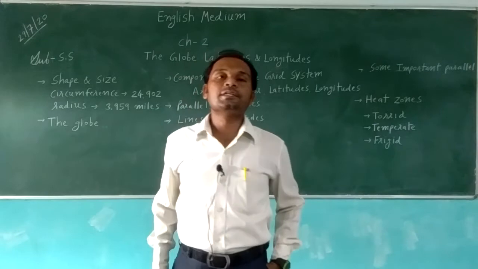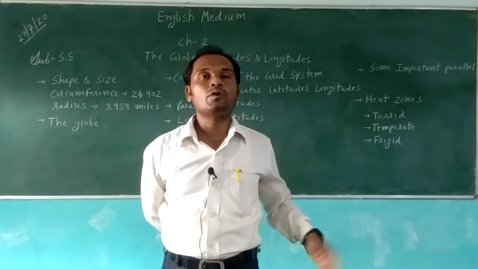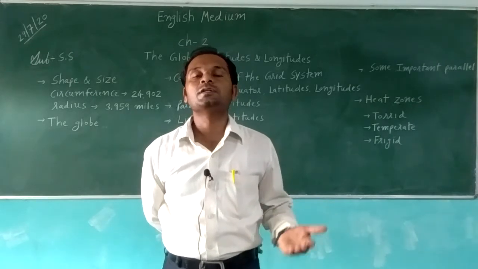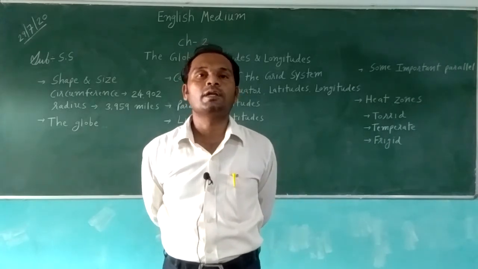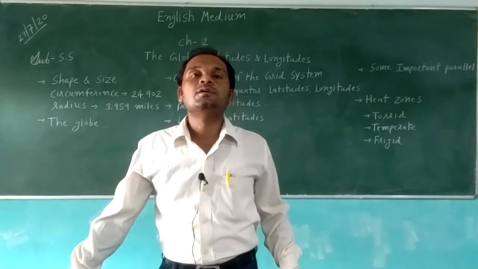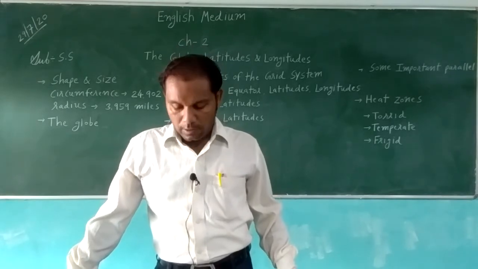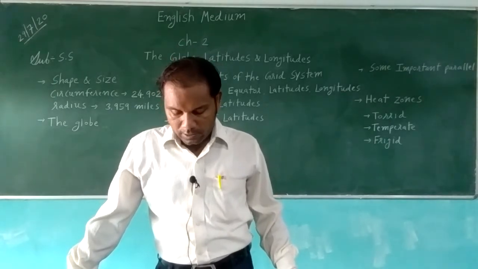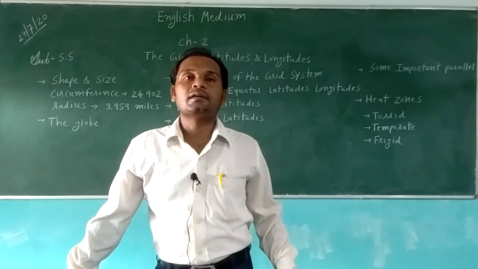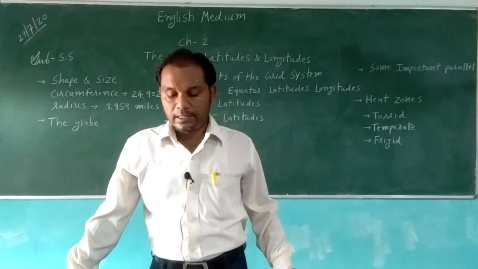Frigid zones are very cold and freezing throughout the whole year. It is covered with snow because a lot of snow falls here. The frigid zones are very near to the North Pole and South Pole, between the Arctic Circle and the North Pole, and the Antarctic Circle and the South Pole.